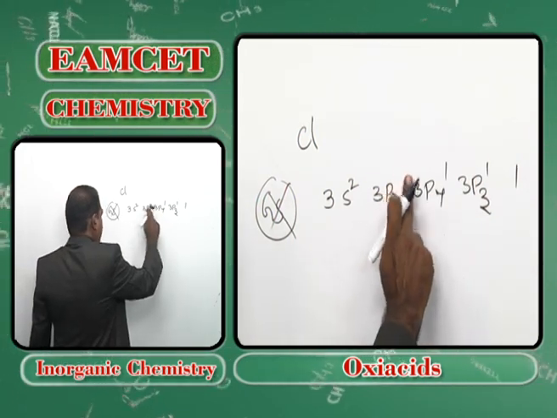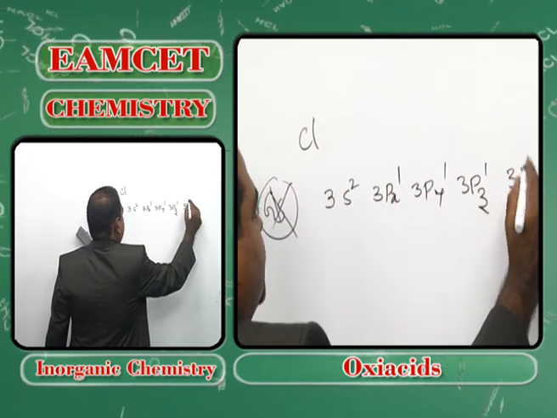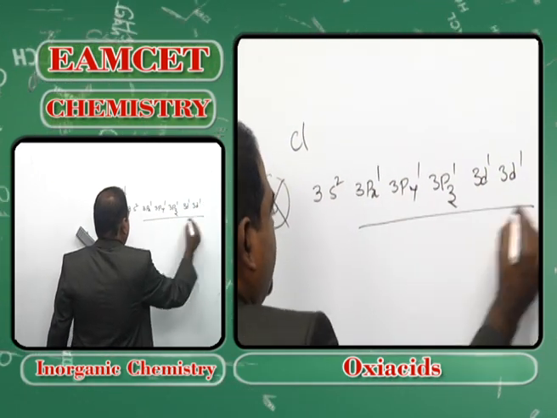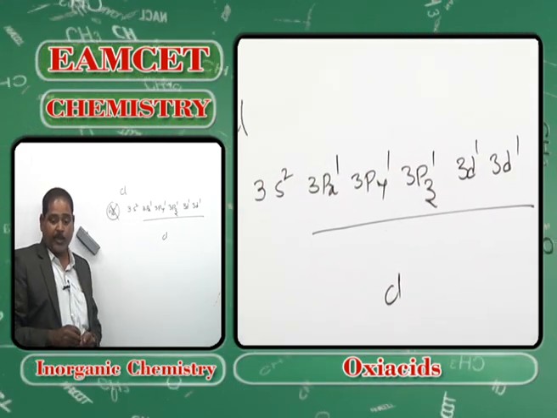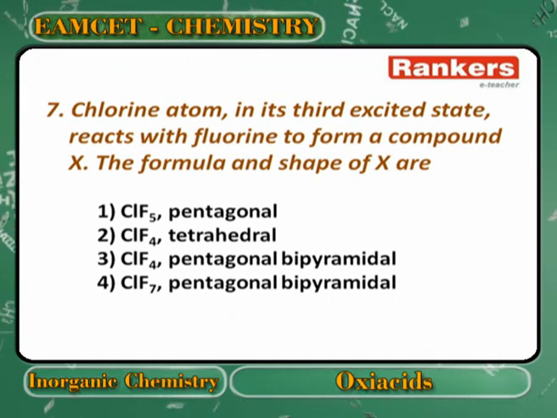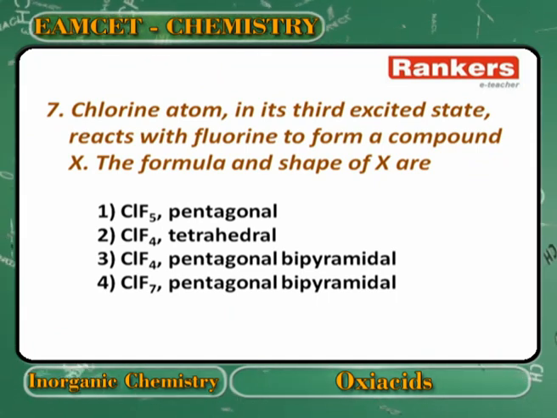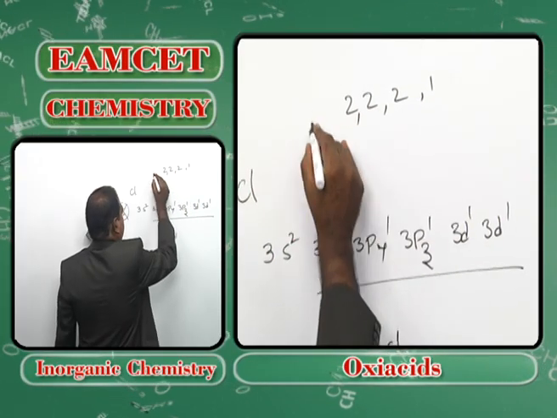One more, second excited state. So you get 3d1, 3d1. So now in this state, chlorine can form 5 bonds. The question says, chlorine atom in its third excited state reacts with fluorine to form a compound. Third excited state, it will have first 2, 2, 2, 1. What is this? Ground state.